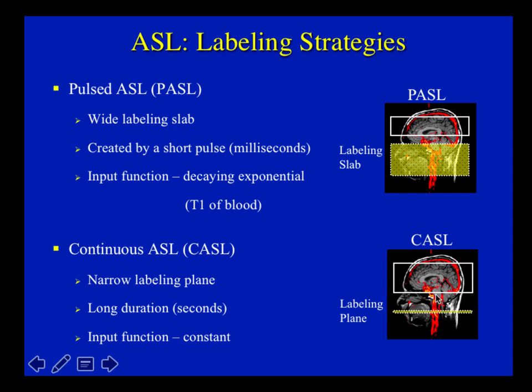So ultimately, we will be able to see a significant signal change with enough signal to noise ratio. So the difference between pulsed ASL and continuous ASL: in pulsed ASL we have a wide labeling slab, and in continuous ASL, we have a narrow labeling slab, which is kept on for a longer duration.